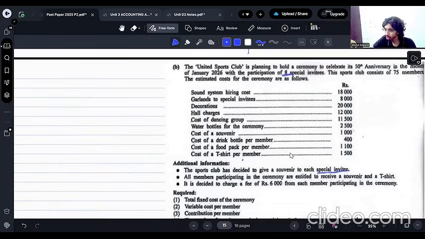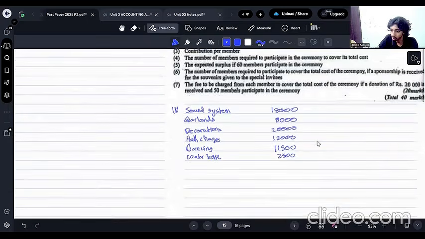The variable costs are related to the members. 8 special invitees are coming. If we are giving souvenirs for them also, that will be a fixed cost. 8 into 1,000, that is 8,000. You will be giving a souvenir for them also. Souvenir 8,000.